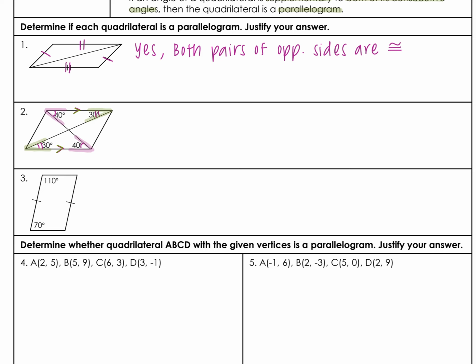I'm only going to be able to come up with congruent angles, which is going to be similar triangles, not congruent triangles. So my answer here is going to be no. And I can say both pairs of opposite sides are not proven to be parallel.